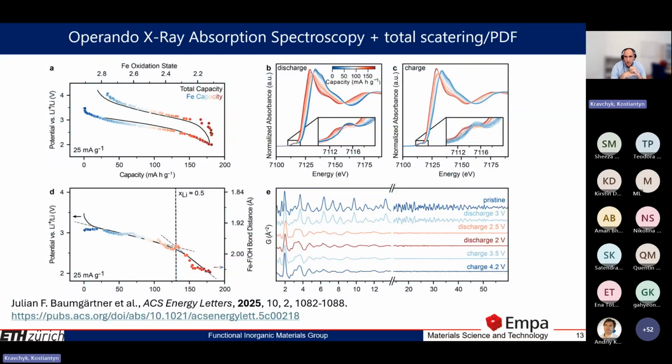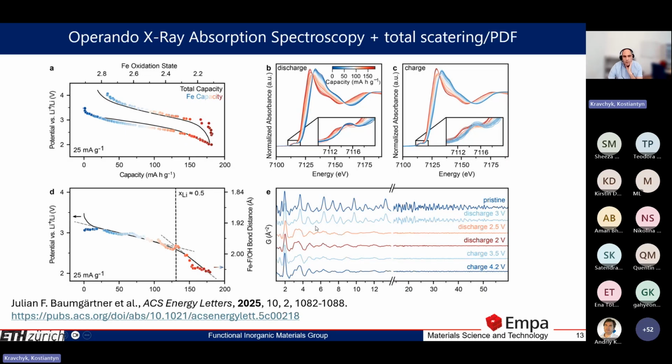And finally, you can do total scattering measurements with PDF analysis in order to identify also local changes of the structure. And here you see just an example of this kind of ex situ measurements at different stages of charge. In this case, we specifically proved that you can lithiate this lithium fluoride up to 3 volts, and you don't have any changes of the local structure basically.